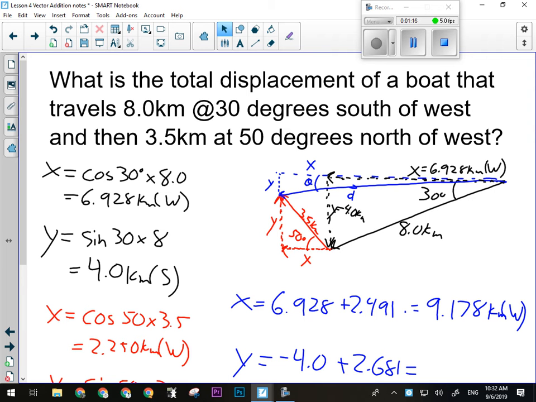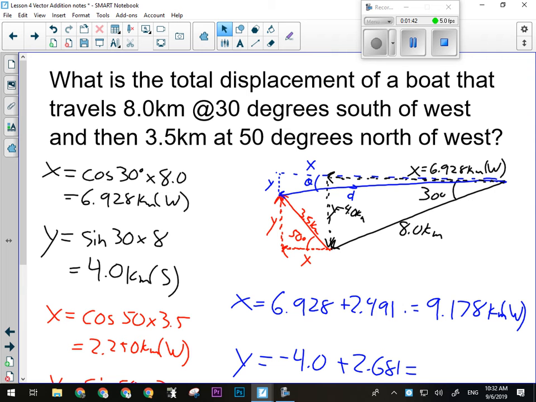The horizontal part of the black triangle plus the horizontal part of the red triangle add up to the horizontal part of the blue triangle, which is my total. It is the same for the y components. Black y goes down while red y goes up. When I add those together, they add up to blue y.